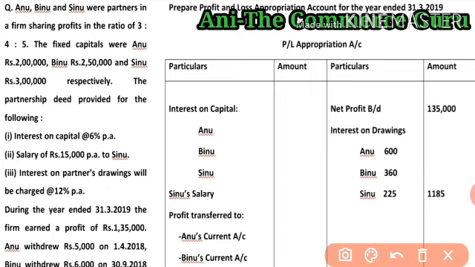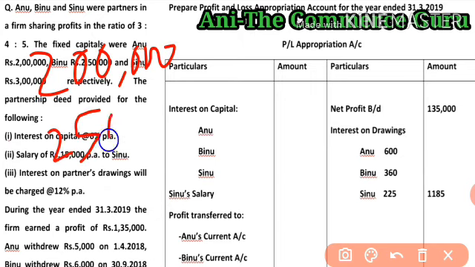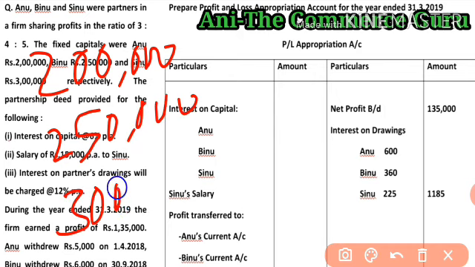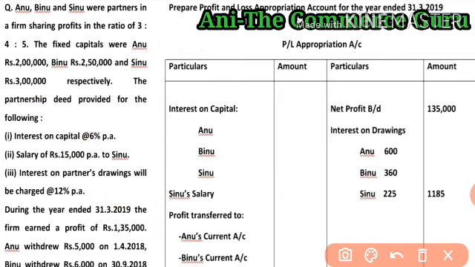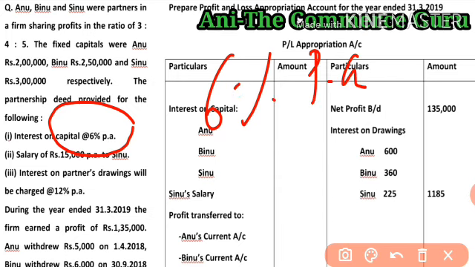And the rate of interest is given in the question. Rate of interest on capital is 6% per annum. That's also given in the question.